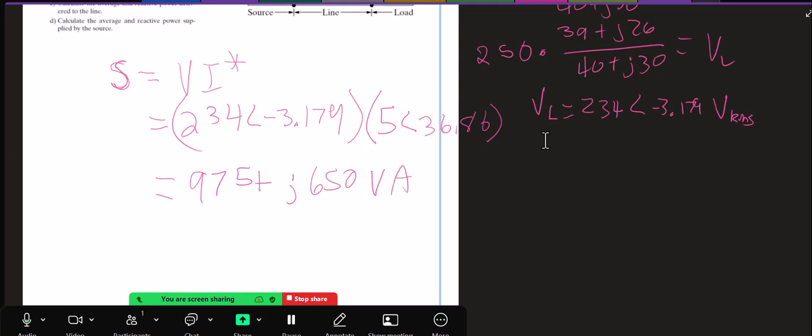Now, I will tell you, most people do it separately. Most people find the P and then find the Q. I just find them both at the same time. And then I know that P is 975 watts and Q is 650 VAR.